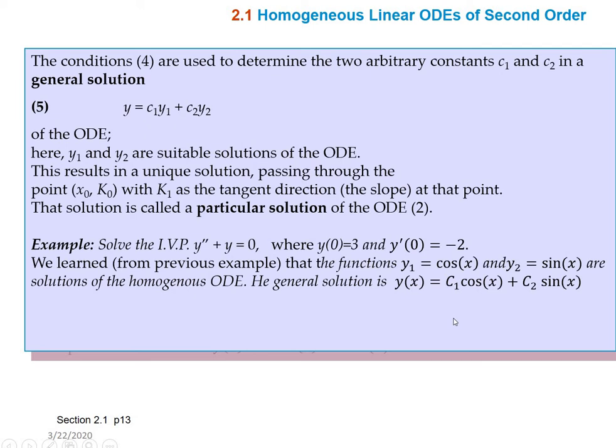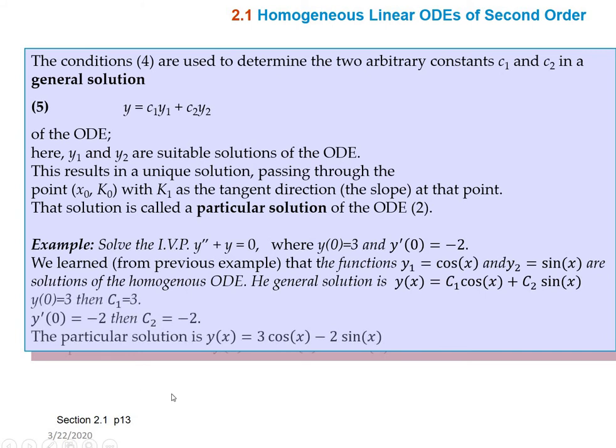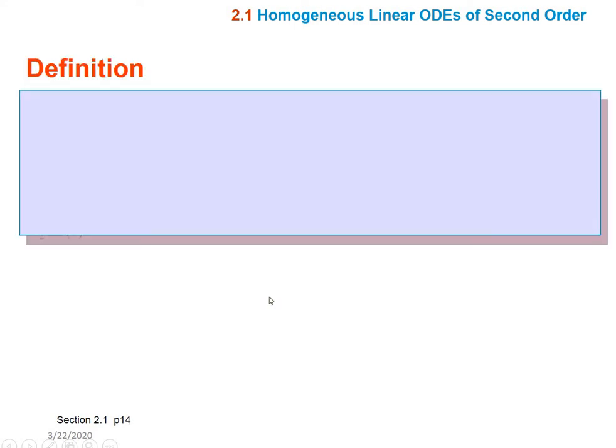Some cases you get the constants right away, and some cases you have to do some elimination or substitution to find the two constants C1 and C2. If you do that, you will find that C1 equals 3 and C2 equals -2, and this is the particular solution, the very specific solution for the two initial conditions. So this is the general solution, and this is the particular solution at the given initial conditions.